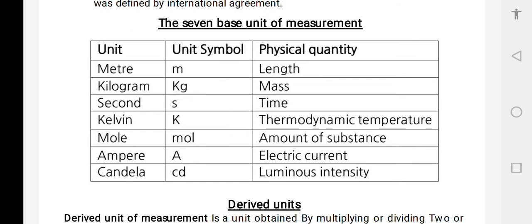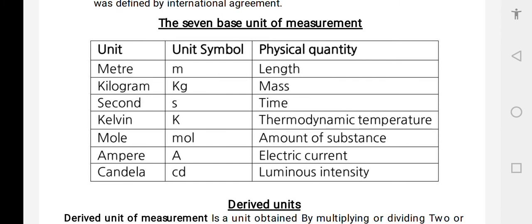Now, you need to understand one thing here. It's important you know the 7 physical quantities and the units that can be used to measure these physical quantities. Why? This is the foundation. At one point, you will be required to calculate displacement, velocity, acceleration, all those things. As you go on, you'll be calculating a lot of things in physics.